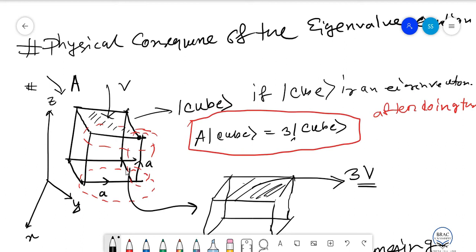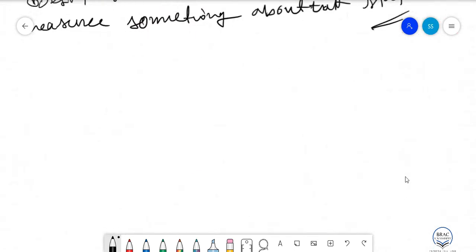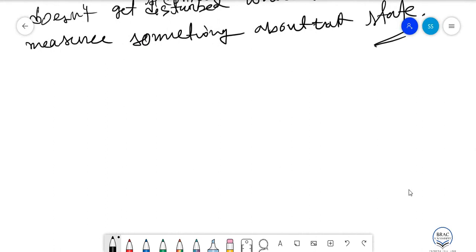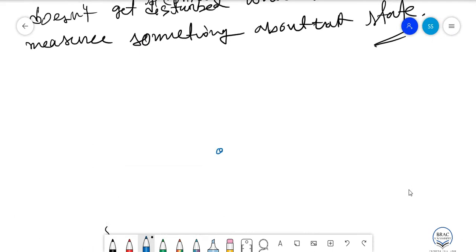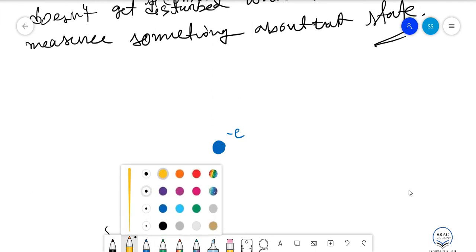And now, when you think in terms of physics, let's say you have an electron. This is an electron, and what you want to do now is hit it with light. Why?